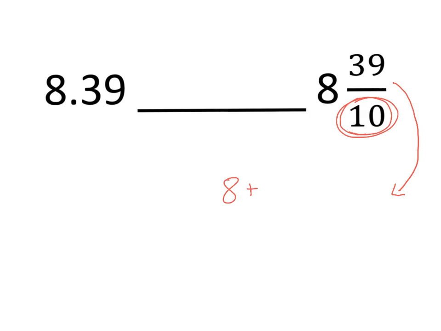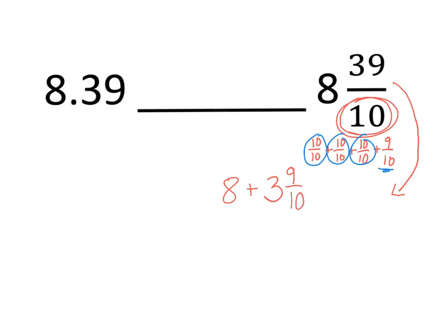So how many wholes are there in 39 tenths? Well, there are 3 wholes, because 10 tenths plus 10 tenths plus 10 tenths gives us 30. And how much is left over? 9 tenths. So we've got 3 wholes, 1, 2, 3, and 9 tenths left over.